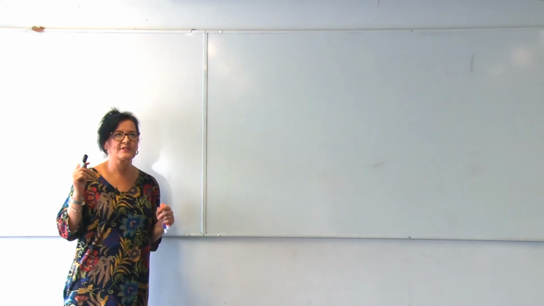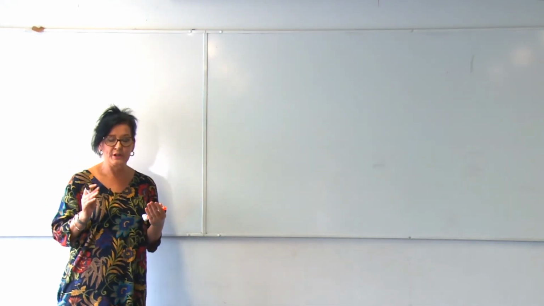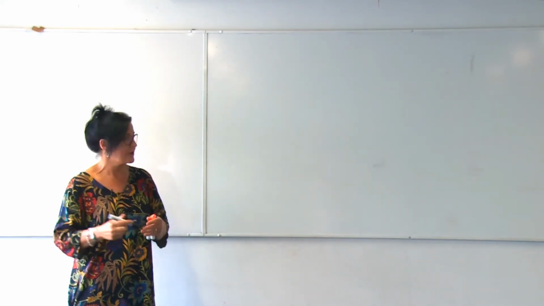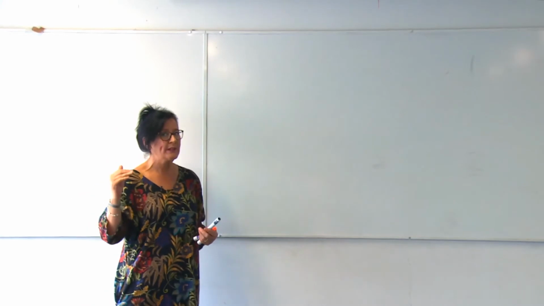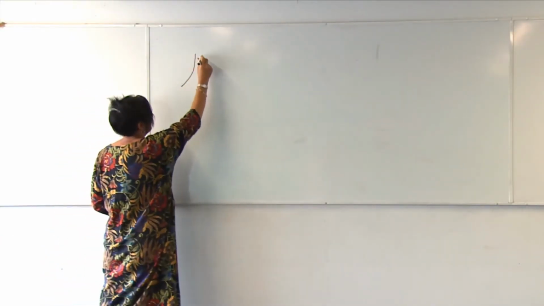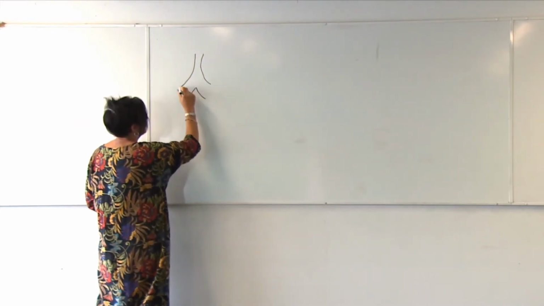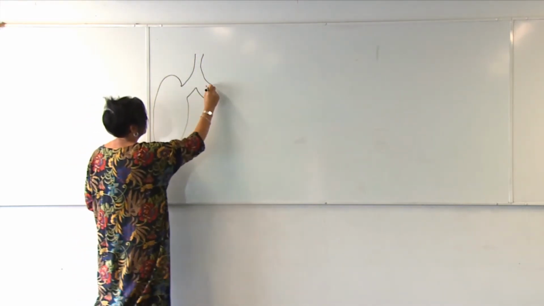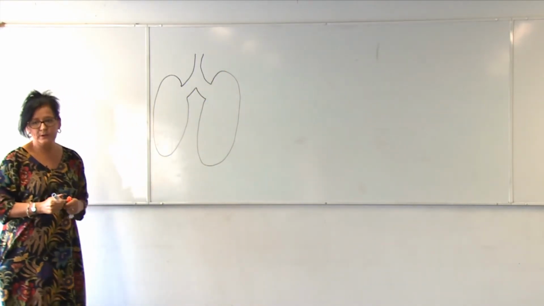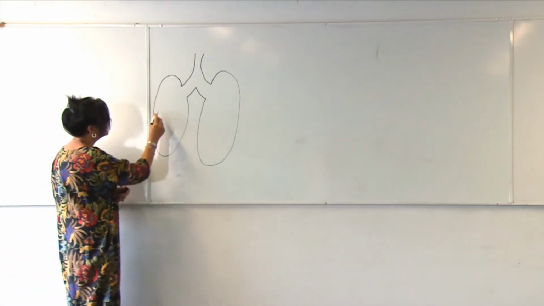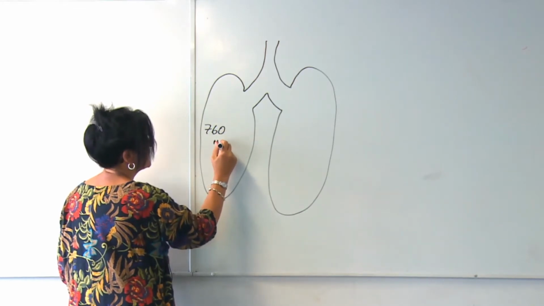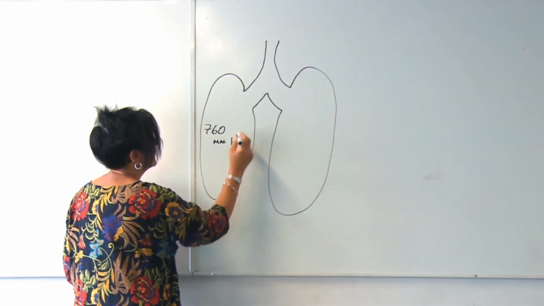Okay, so let's just go over again what happens with those pressure gradients in terms of inspiration and expiration. In between those, we have a pause. So remember at our pause, there's our lungs. Our pressures are equalized. So within the lungs, we must be the same as atmospheric, 760 millimeters of Hg.